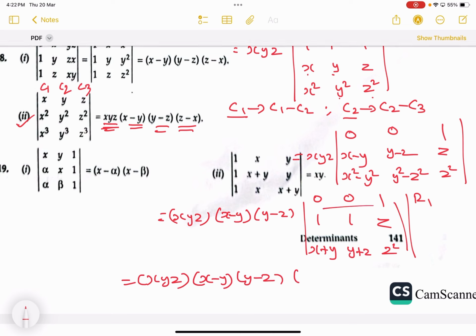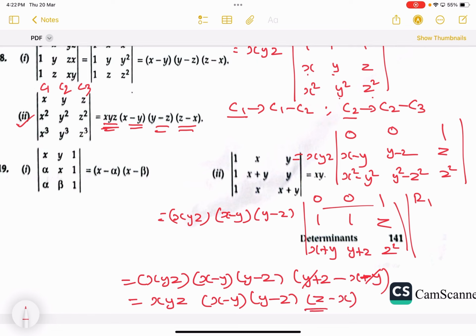So 1 into y plus z minus 1 into x plus y. That means this, correct? So y gets cancelled, z minus x. So x, y, z, x minus y, y minus z, and z minus x. Got it, Imad?